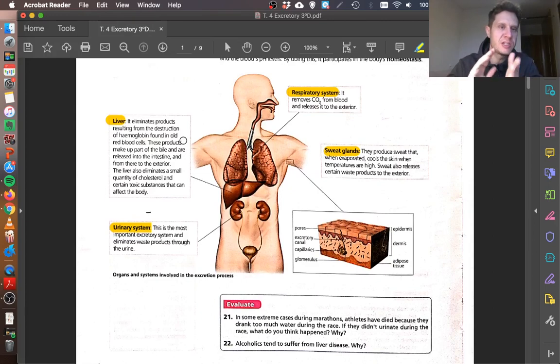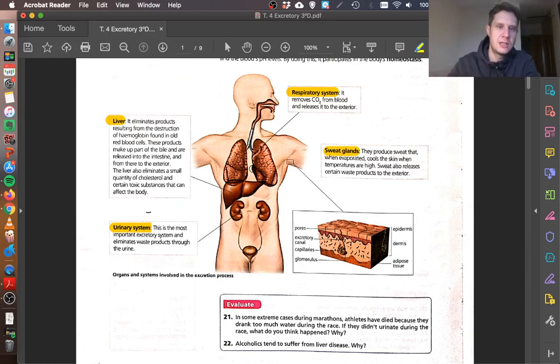Liver: it eliminates products resulting from the breakdown of hemoglobin. Hemoglobin is a protein with iron inside the red blood cell. These red blood cells have to be recycled and destroyed, and we recycle the iron to form new red blood cells.